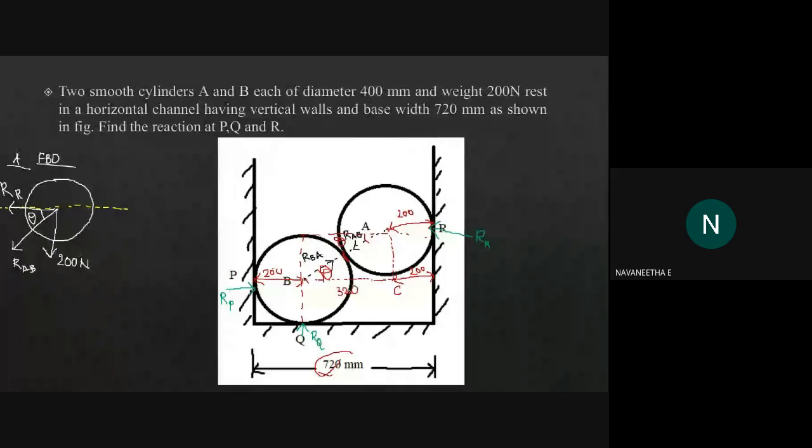So we get the values of BC and BA. Then how can we find the value of theta? Adjacent side and hypotenuse.